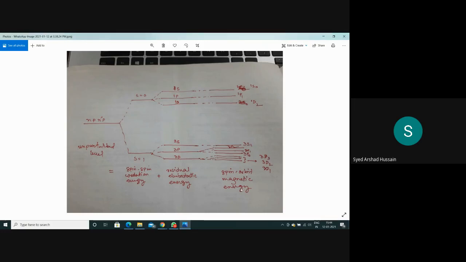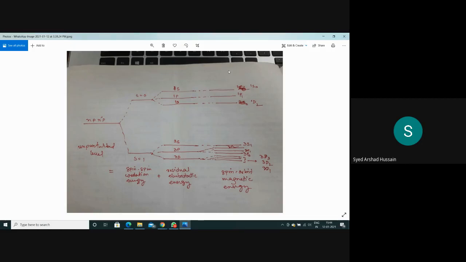So this part is due to spin orbit interactions. This is your spin correlation, this is residual interactions, this is your spin orbit magnetic interactions.